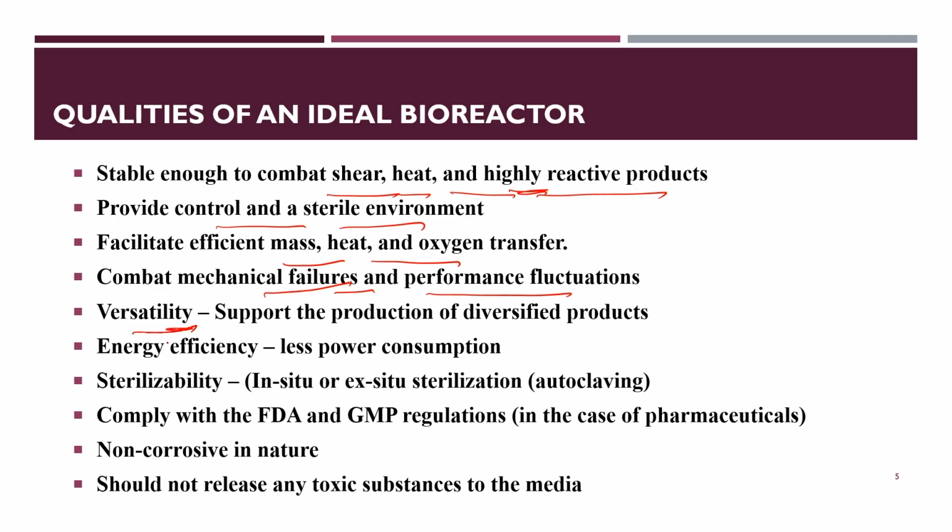It should be versatile, so it should support the production of different products. So, we have a bioreactor system and we should be able to produce different kinds of metabolites using different producer strains and different substrates.